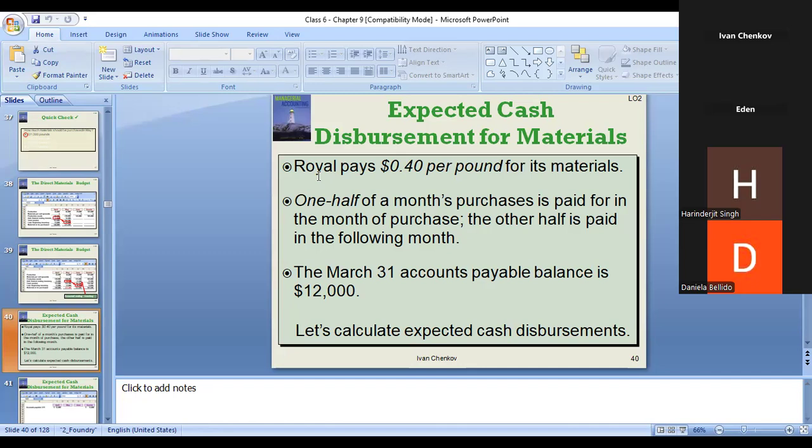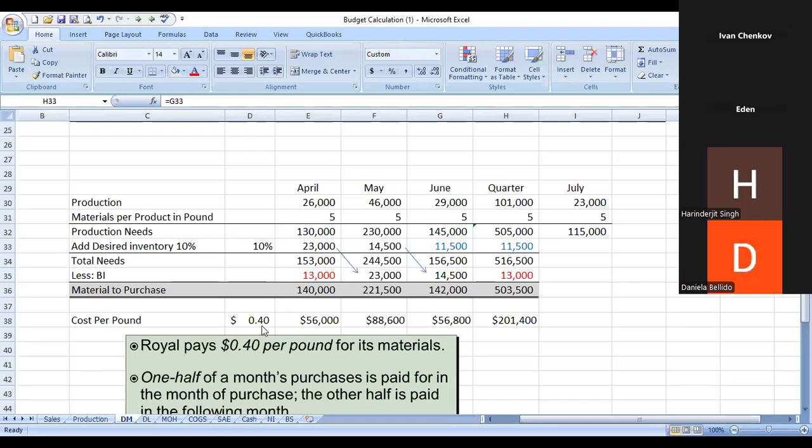So now let's do the projection and the budget for how much we need to pay for our material. Let's go back to the Excel spreadsheet and do this calculation. First, we're going to get the cost. That's 140,000 pounds that we need to purchase for April. It's going to cost us $56,000.